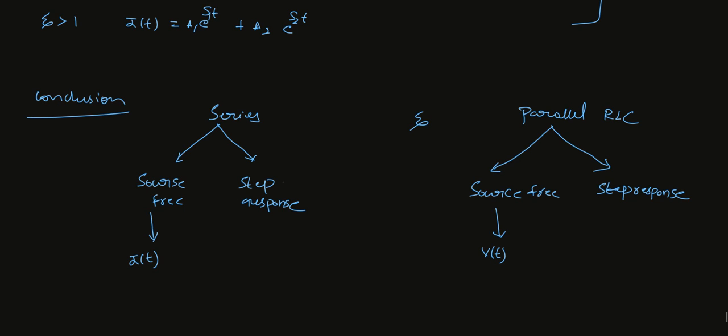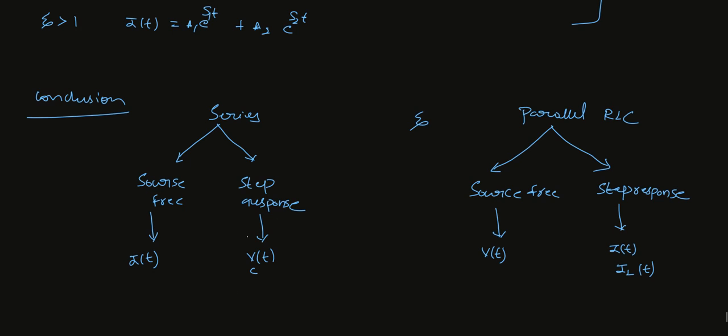In the step response of the series circuit, we look at the voltage across the capacitor, VC(t). In the parallel RLC step response, we look at the current through the inductor, IL(t). If you know this value, you can easily find the other value. For all these cases the equations will be the same.